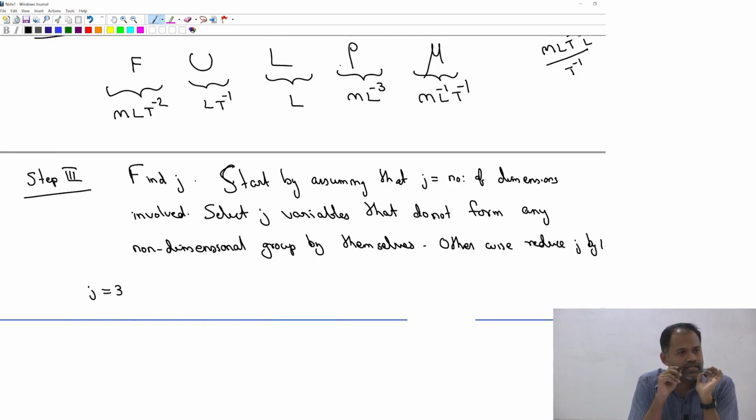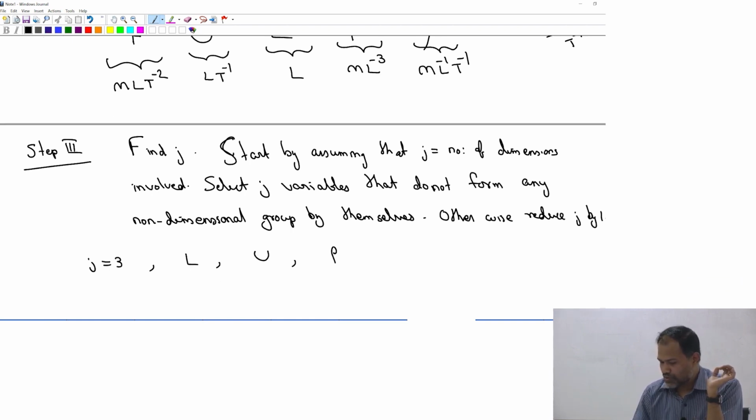Now when I select them, what I need to ensure is that they do not form a non-dimensional number by themselves. So let's say I select L, U, rho. L has the dimension of length, U has the dimensions of L T inverse, and rho has the dimensions of M L to the power minus 3.